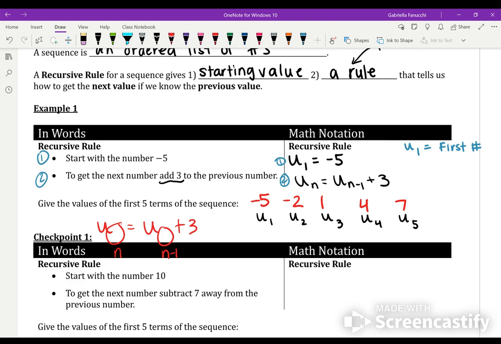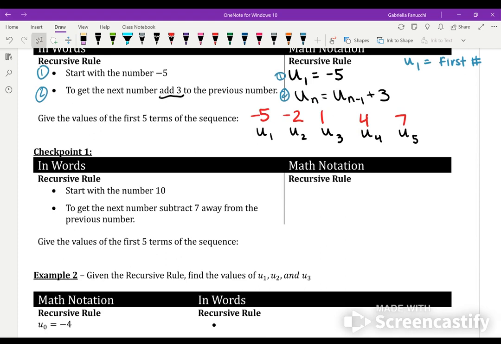If I know the 10th number, then I'm going to look at the 9th number and I'm going to add 3 to it. If I know the 20th number, I'm going to look at the 19th number and I'm going to add 3 to it. So that's why we have the n minus 1 and the n. Okay, so that's all for example 1. Example 2, we're starting with the number 10.